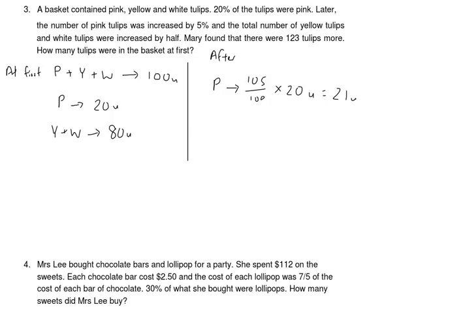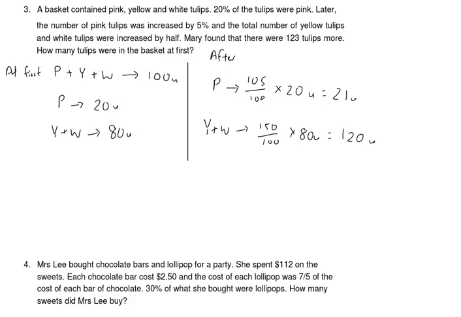When they say increased by half, that means it's increased by 50%. So my yellow and white tulips will be 150 over 100 multiplied by 80 units, and that will give me 120 units. Okay, so far?